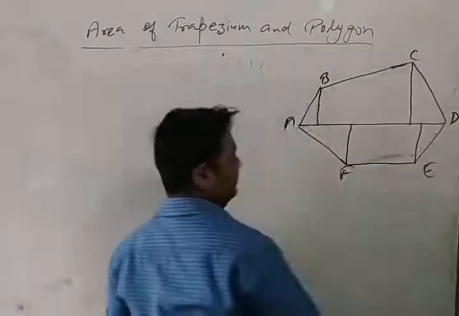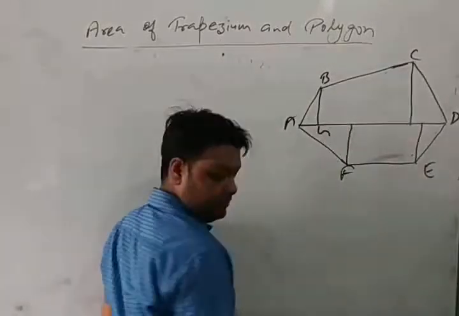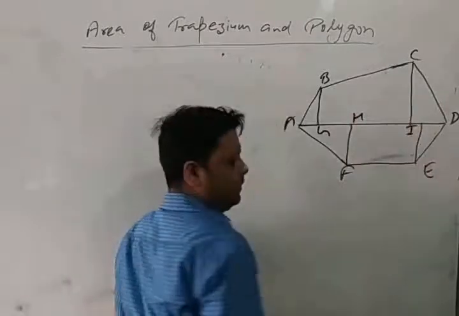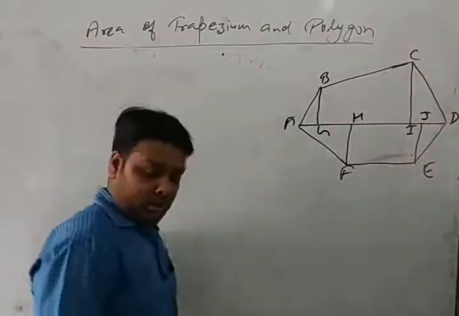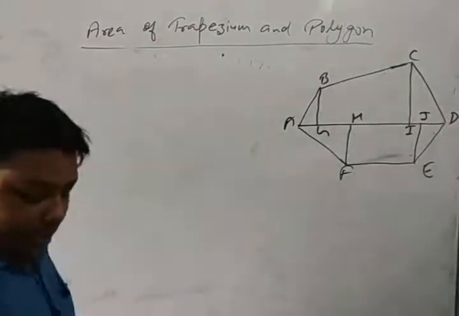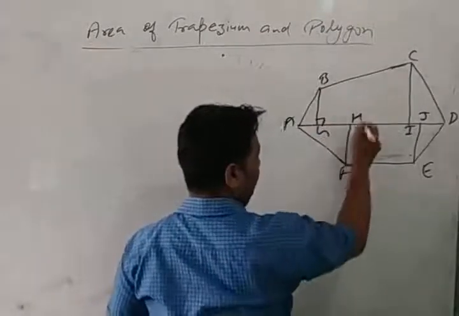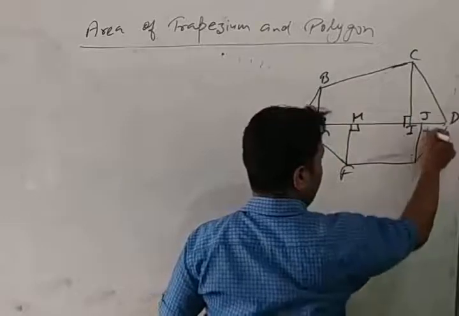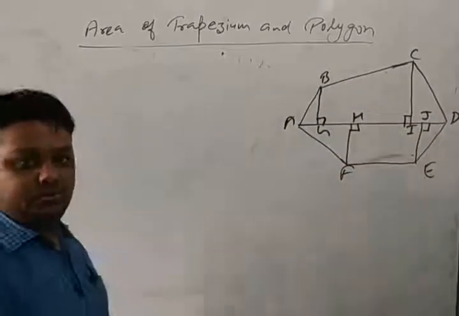Here it is G, then H, here I, and here J. It is written that BG, FH, CI and EJ are perpendicular to it, which means they are altitudes.